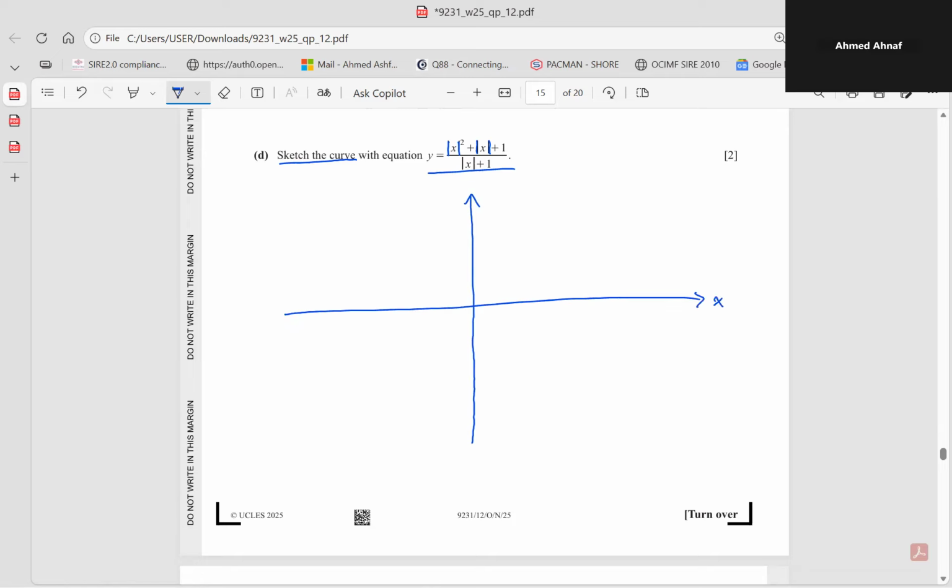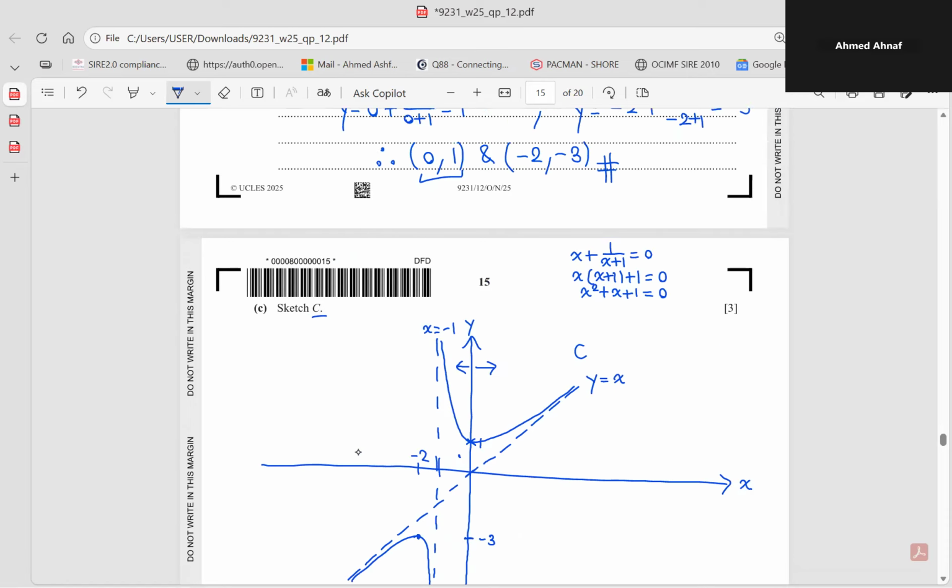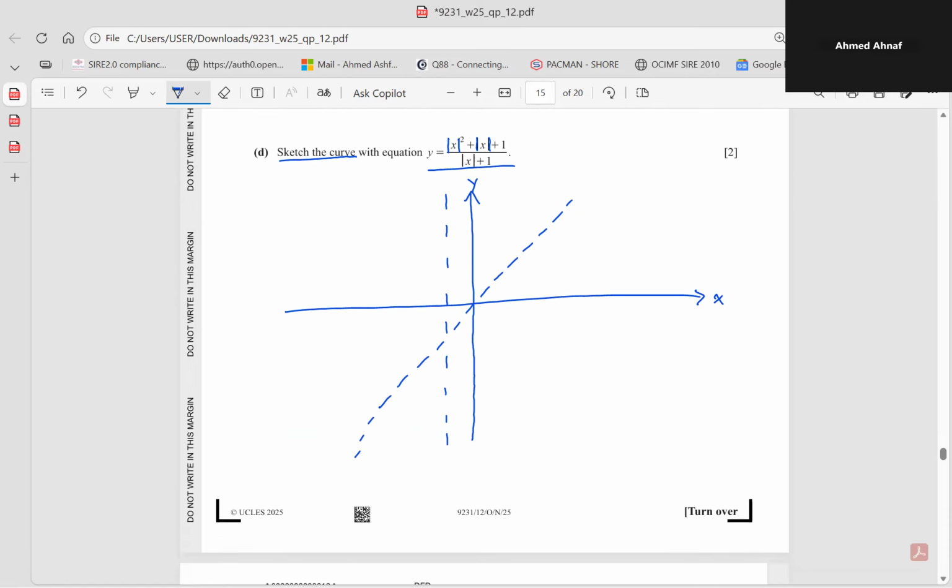So this is the x-axis, the y-axis. This is our asymptotes. So yeah, it looks like this.